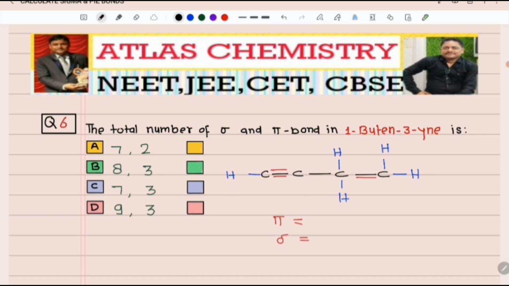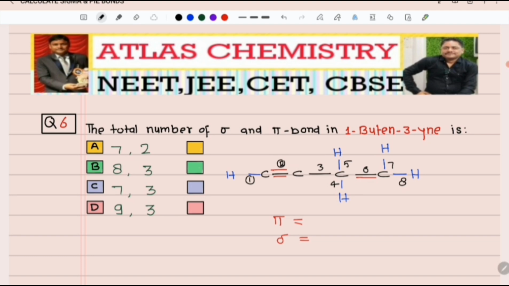So first we calculate the sigma bonds. 1 sigma bond, 2 sigma bond, 3 sigma bond, 4 sigma bond, 5, 6, 7 and 8. So there are 8 sigma bonds. From the given options you can see only option B has 8 sigma bonds, but we have to also count the pi bonds.